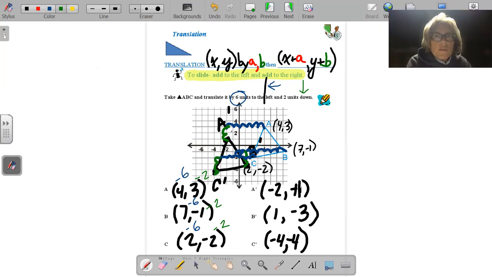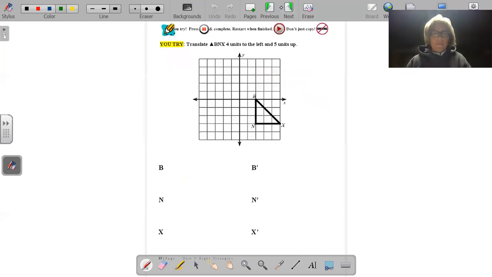So why don't we just bunny hop it all the time? Because in the computer programming world, you can't physically move around pixels. You have to mathematically program it. So you need to understand the mathematical principle of to slide, add to the left, add to the right. That's translation.